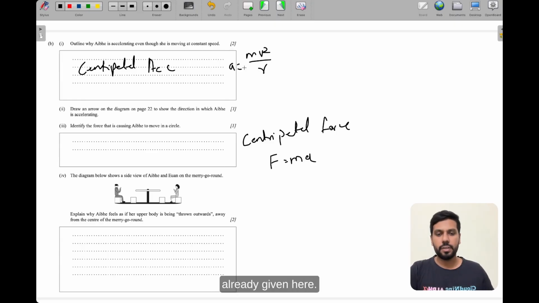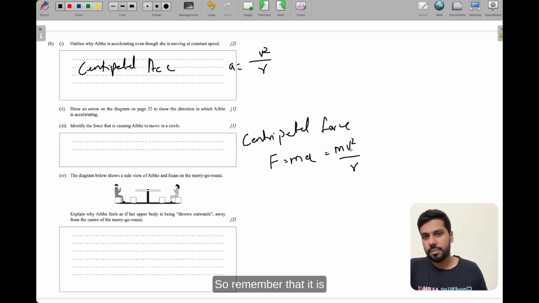Sorry, the acceleration value is v square by r, my bad. So when you multiply mass to it, you get mv square by r, and that's the force which keeps it in a circle. So remember that it is the centripetal force that keeps an object in a circular motion.